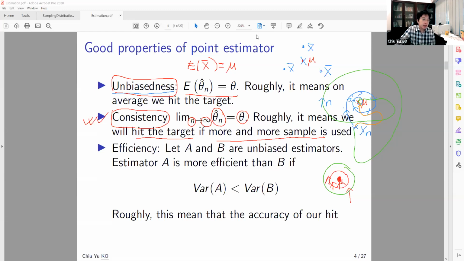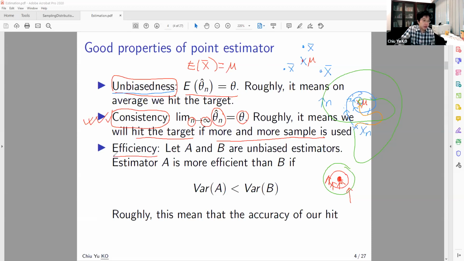And you can easily see that if unbiased, it is usually consistent, okay? And sometimes even if it's biased, it's still consistent, okay? So consistency is not difficult to achieve, so that's why we usually want to have it, okay?